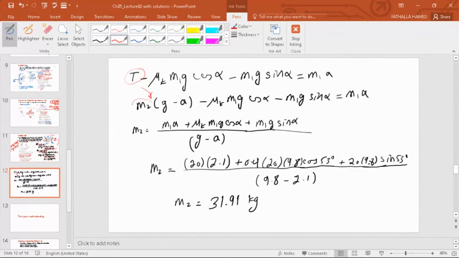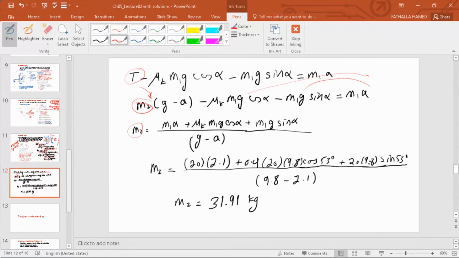I'm interested in M2, so you can take these to the other side. You'll have m1a plus mu k m1g cosine alpha plus m1g sine alpha equals m2 times g minus a. If you divide by g minus a, it will give you the M2.